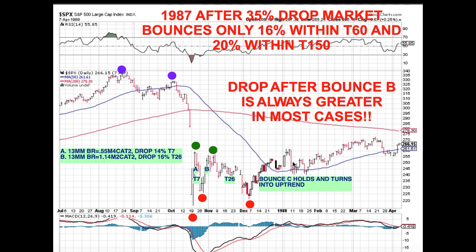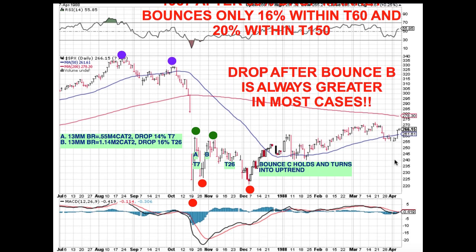The bounce holds, but the market just goes sideways for quite some time, only gaining another 4% over the next few months. So these conditions are certainly not a mirror image of what is taking place now. The market has rebounded by way greater percentage points than what we're experiencing today in 2020.